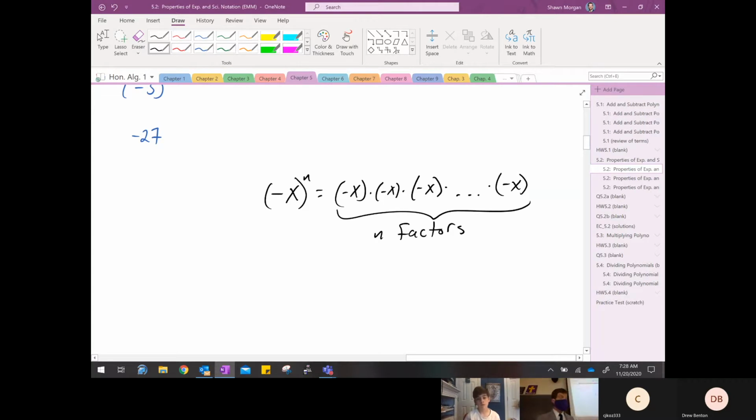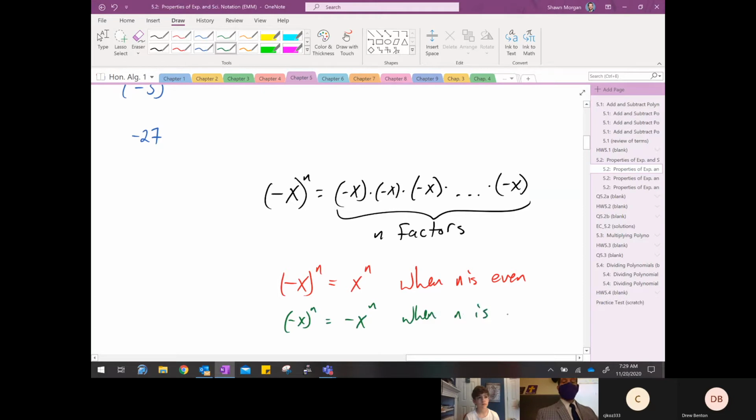So if n is even, there's an even number of negatives, and therefore the negatives will go away and our answer will be positive. So from Tiago's point, negative x to the n equals x to the n when n is even, and negative x to the n equals negative x to the n when n is what? Odd.